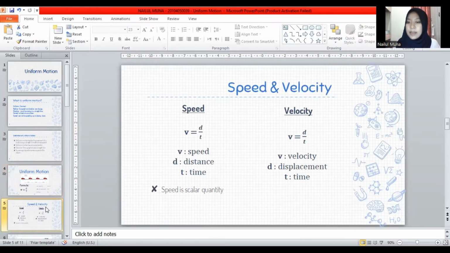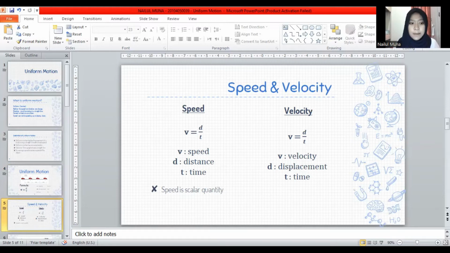Next, speed and velocity. Speed is different from velocity. Do you know the difference between speed and velocity? Speed means the distance that traveled by a moving body per unit time.